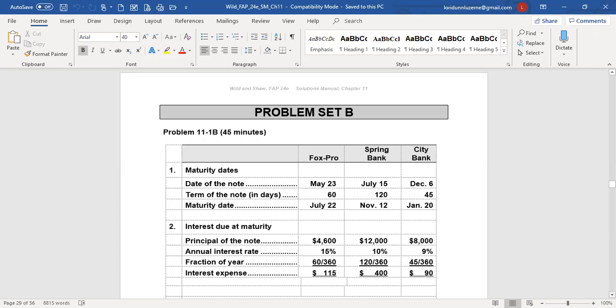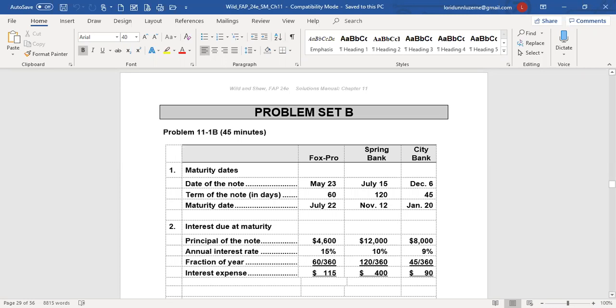But if you look at Citibank, that loan carries over from one accounting year to the next accounting year. 25 of the days of interest occur in year 1. The other 20 days of interest occur in year 2.